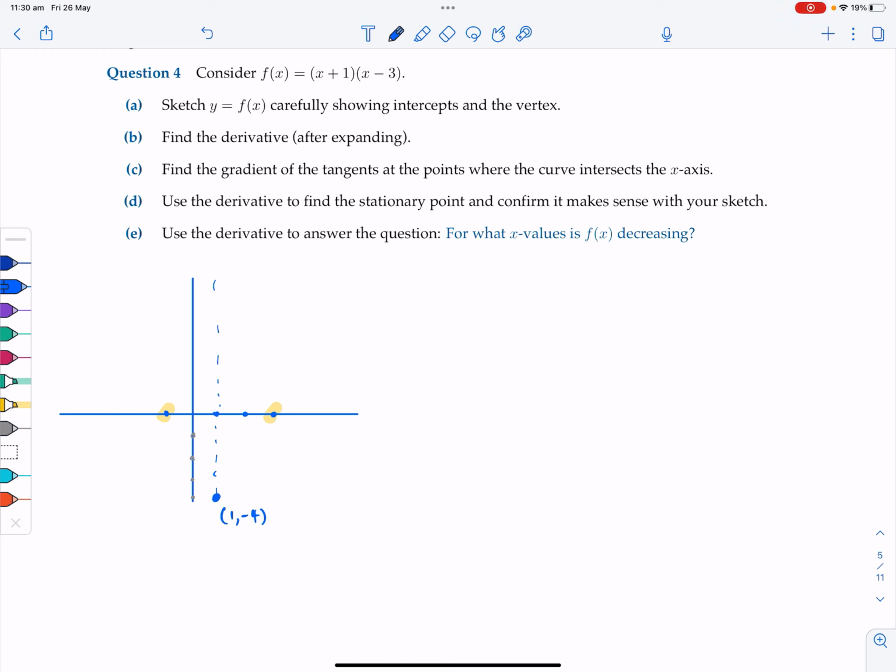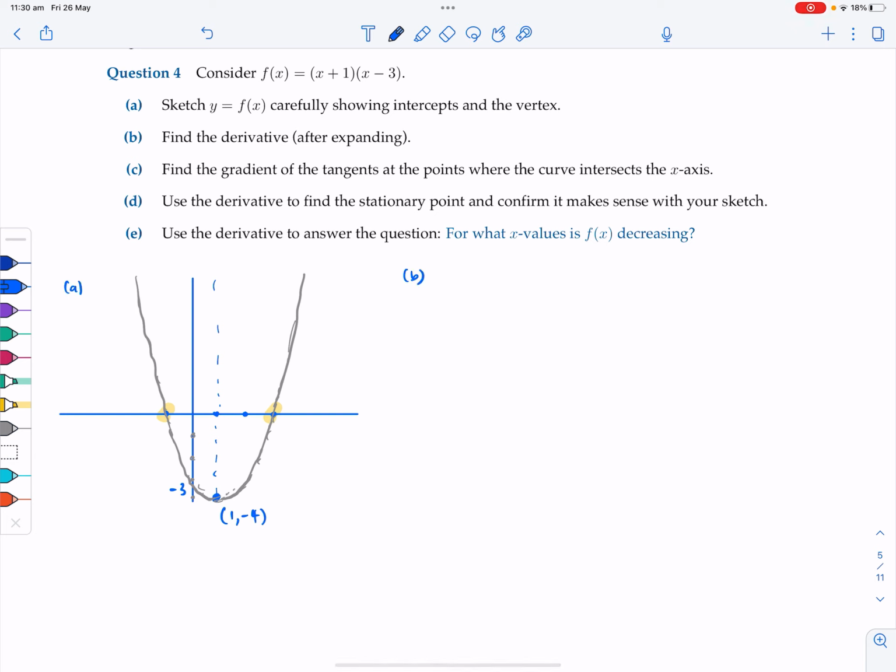And I'm going to try to sketch out this parabola nicely. Okay, so I've done a pretty good job there, and it's going to have a y-intercept of -3.